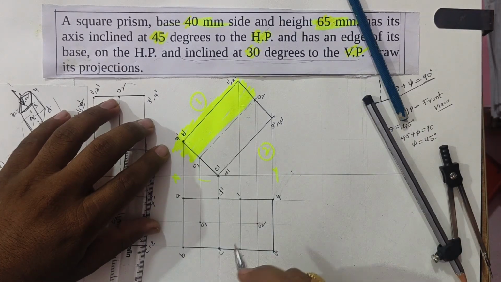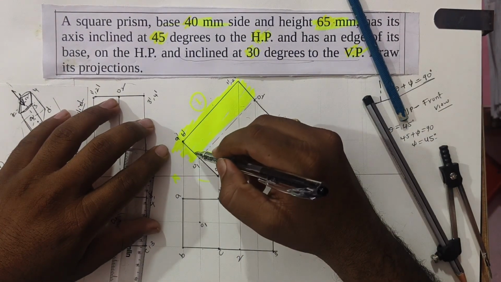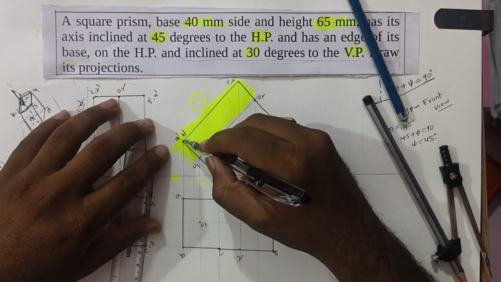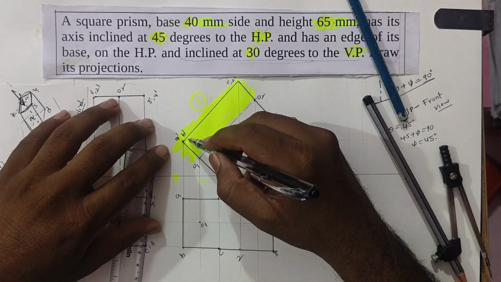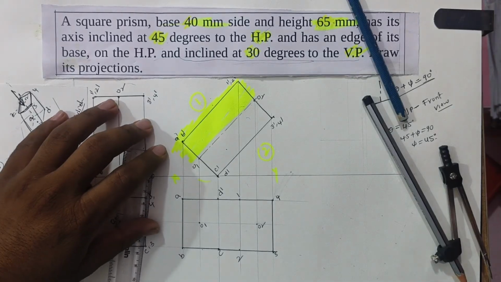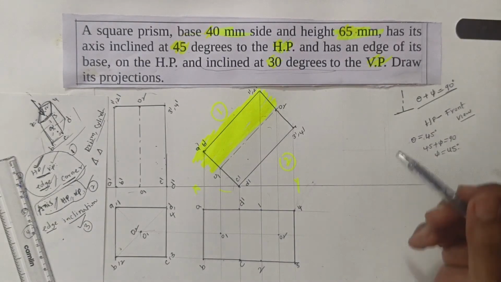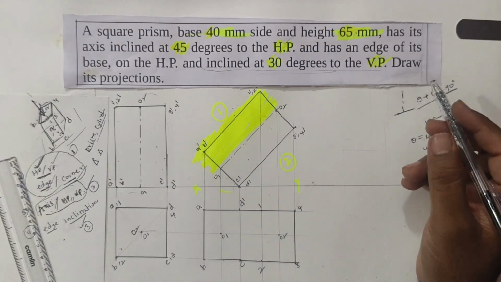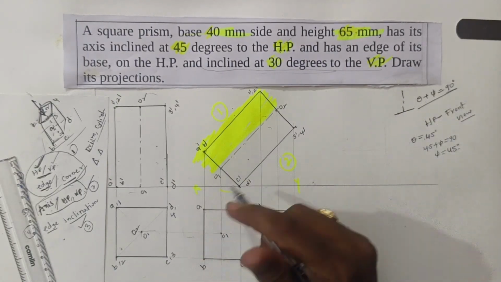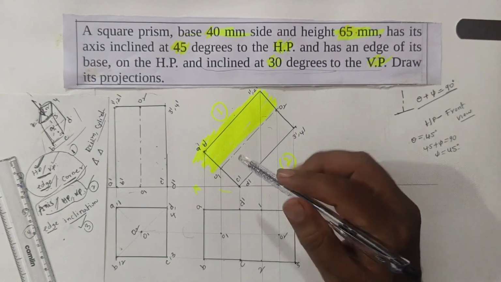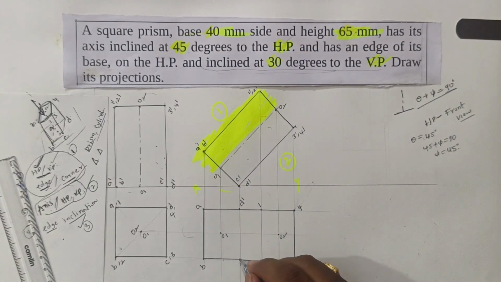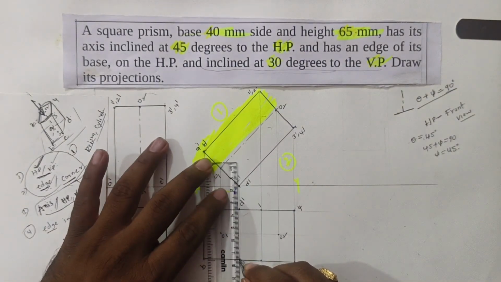Now let us check. AB is over. Let us see CD. CD comes under the portion hidden. So this should be joined by dotted line.